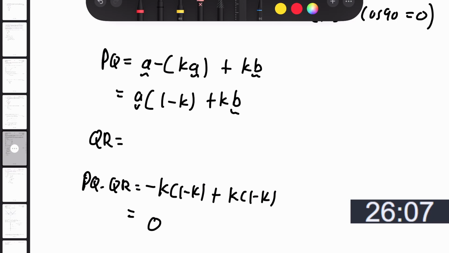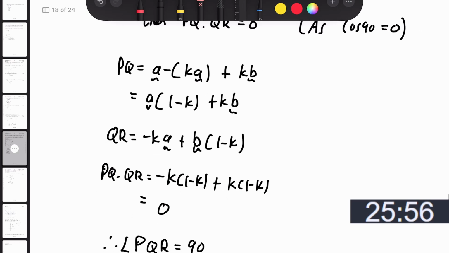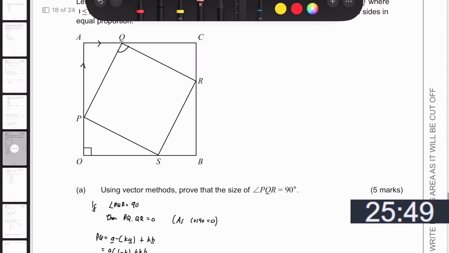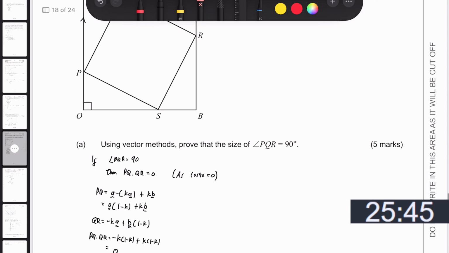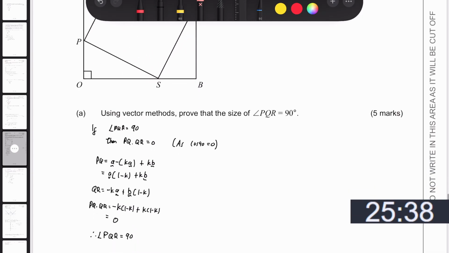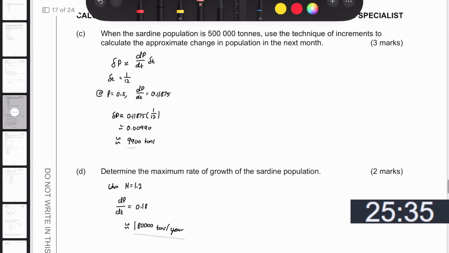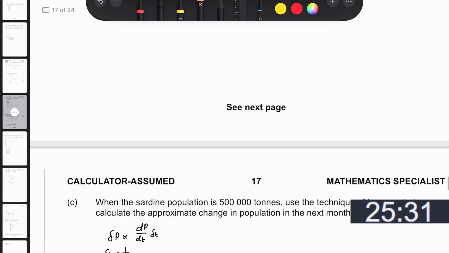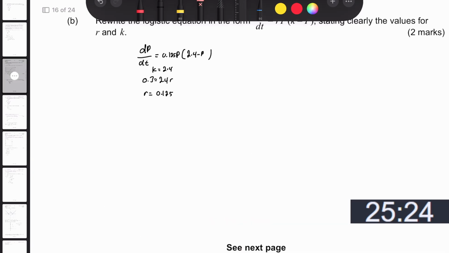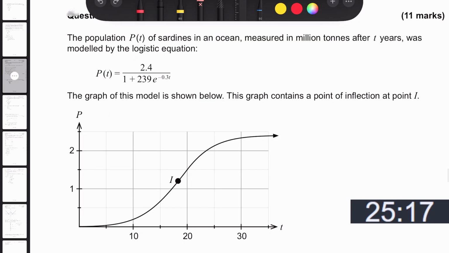Rewrite this as negative k of a plus e of 1 minus k. Check through everything now. This one has a 1 in front of it. So yeah.